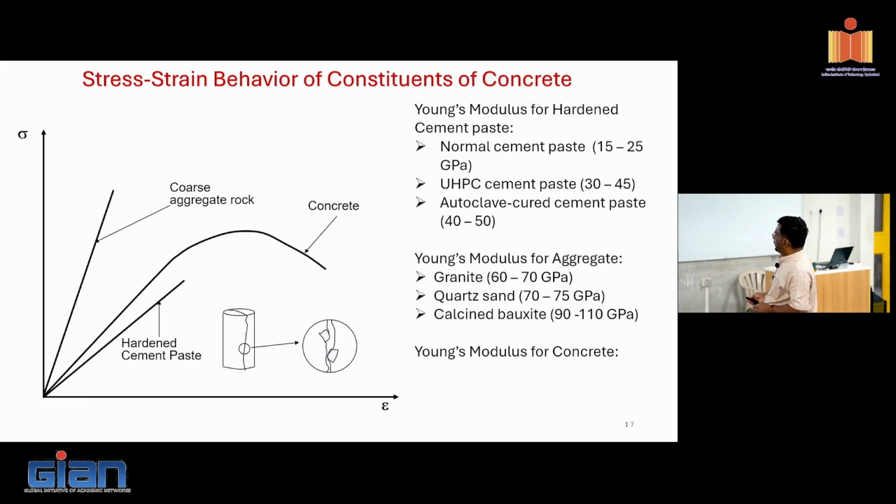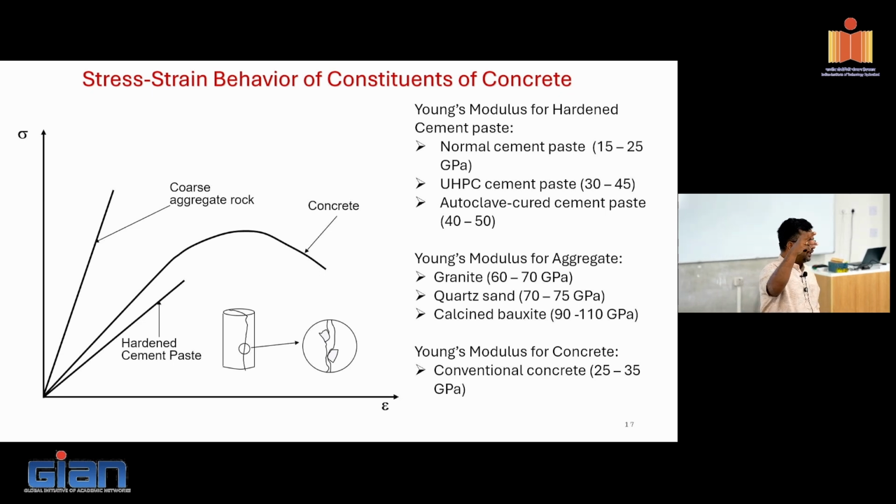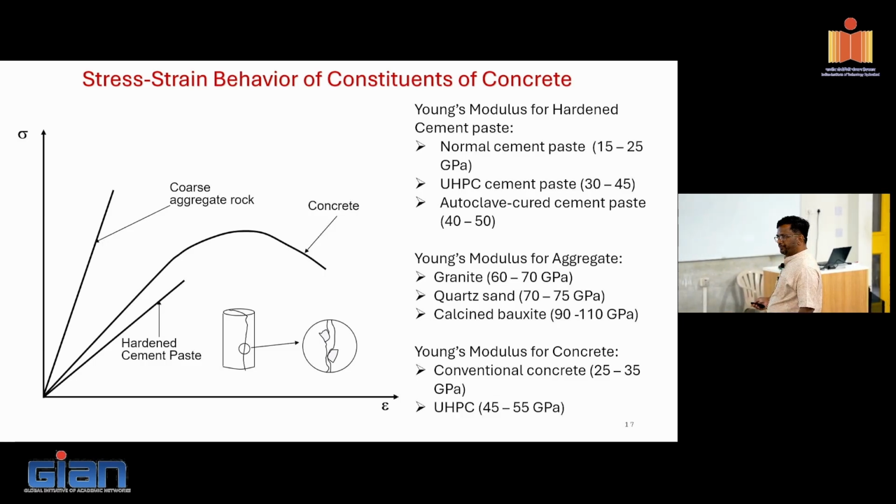So for the elastic modulus of conventional concrete, what we typically use varies from 25 to 35 gigapascal. You know the formula 5000 square root of fck, which is directly a function of your compressive strength. But for UHPC, we are getting 45 to 55.